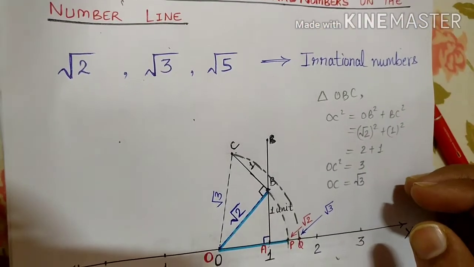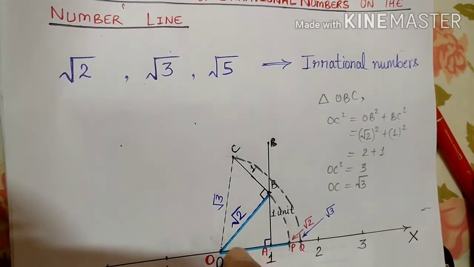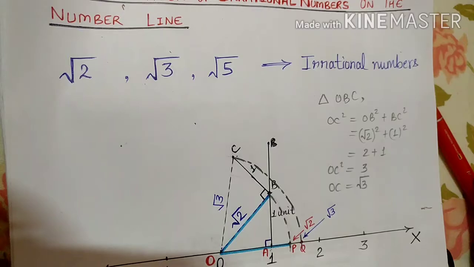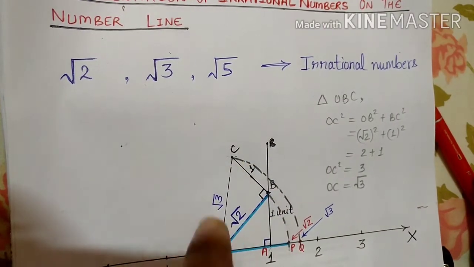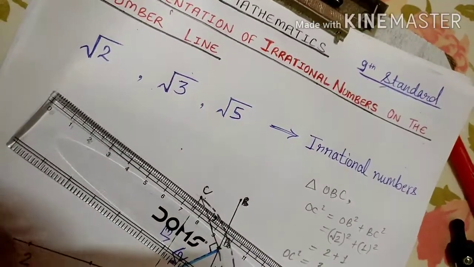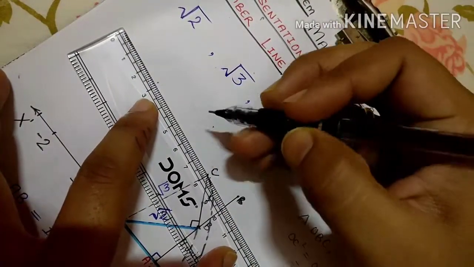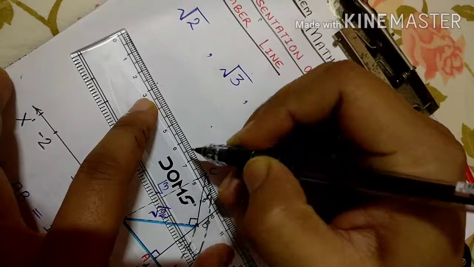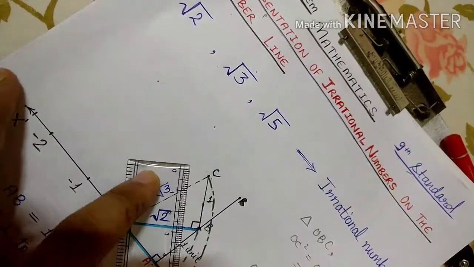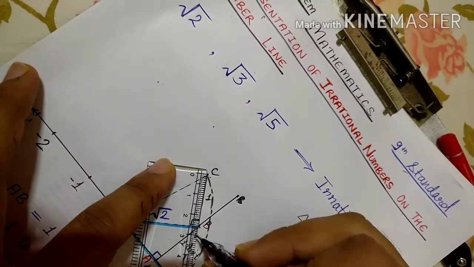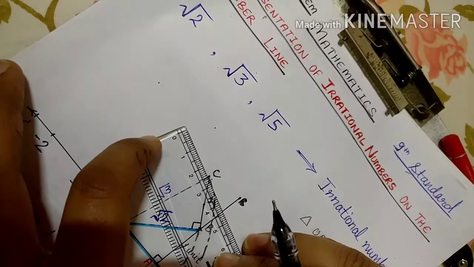Now suppose we have to represent root 5 also on the same number line. So what will we do? Again from this point C we will draw a perpendicular line. Now we don't need D also. We have to take the same distance as we took here.